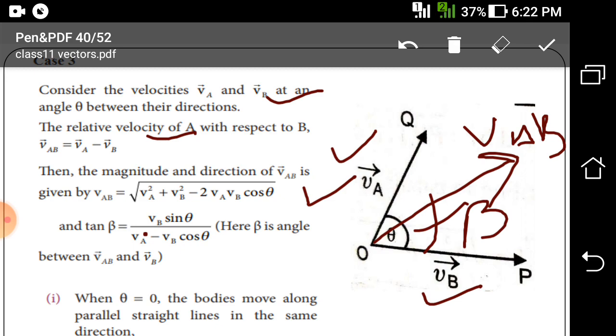Cos 0 will be 1, so it is the square root of VA minus VB whole square, so the square and square root cancel, and we get VA minus VB, that you have done. So this is the relative velocity in two dimension, when the two bodies are inclined at a certain angle. So the formula is VA square plus VB square minus 2 VA VB cos theta.